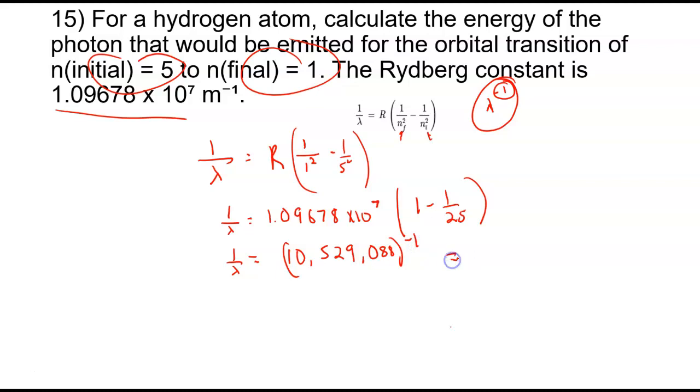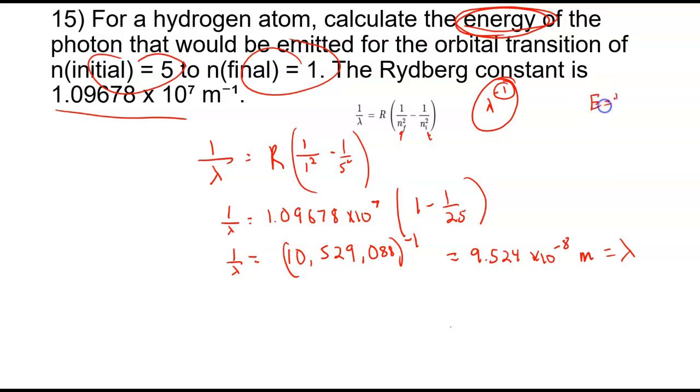When you raise it to the negative 1, then you get 9.524 times 10 to the negative 8th, right? And this is our lambda. But that's the wavelength. They want energy.